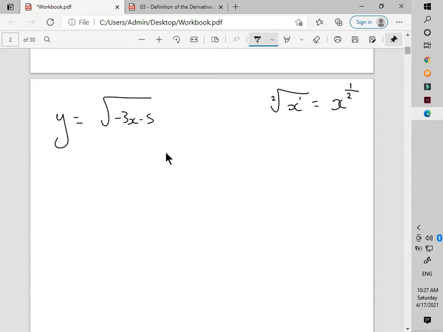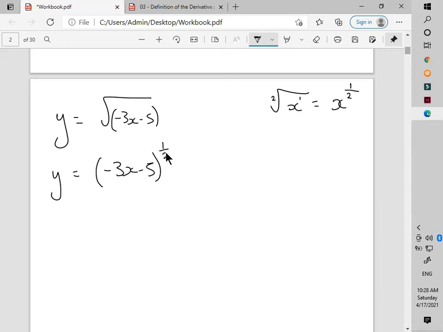That's where you can remember your structure. So I have minus 3x minus 5, and like before, this is going to be in a bracket, and the power is a half because it's the root of that.